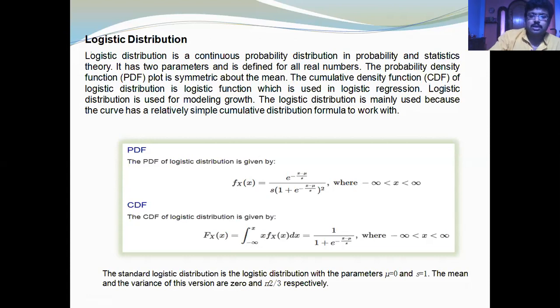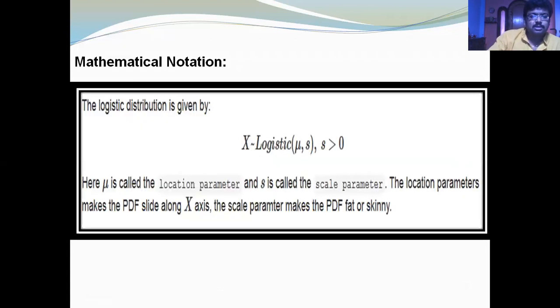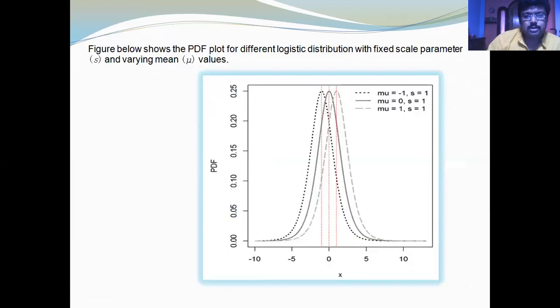You can have a picture, then you can have a clear idea. Look, this is the PDF of the logistic distribution, and here the location parameters are not the same, but the scale parameter is 1.